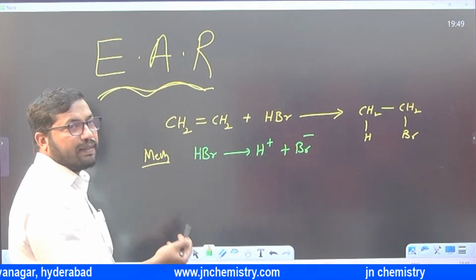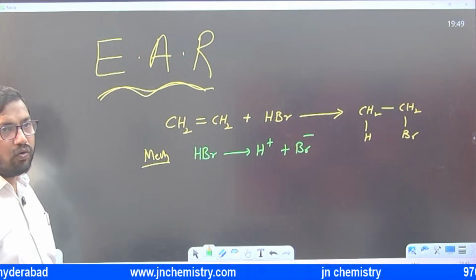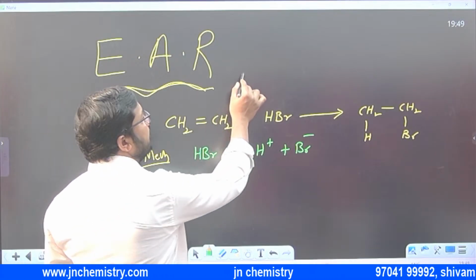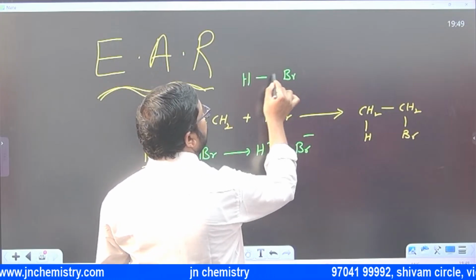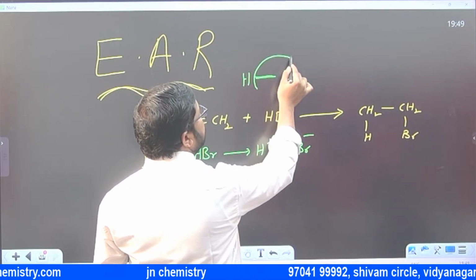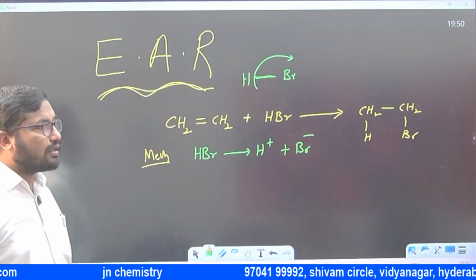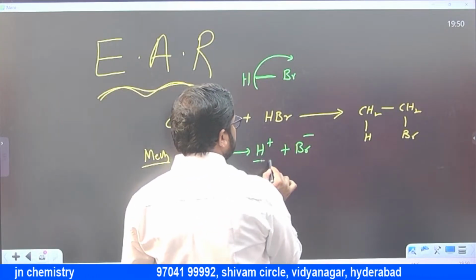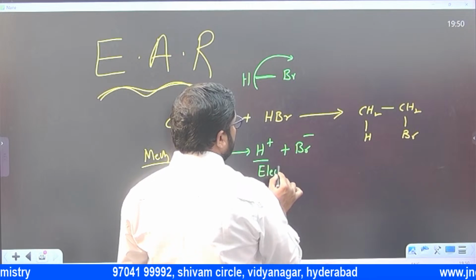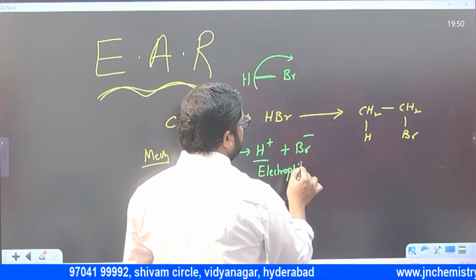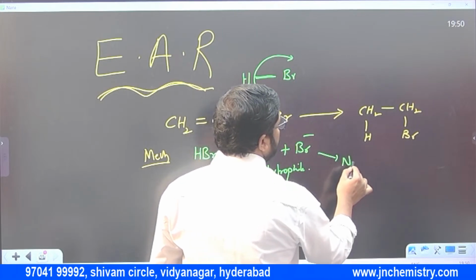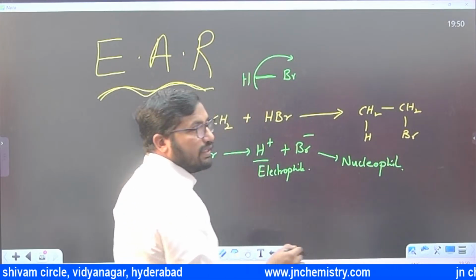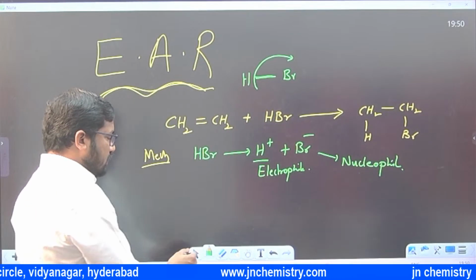Is H minus Br plus possible? No. Why? Bromine is more electronegative. When we break the bond between H and Br, Br takes the electrons from the hydrogen. H plus and Br minus. H plus is the electrophile. This is the nucleophile. Electrophile means electron deficient species.